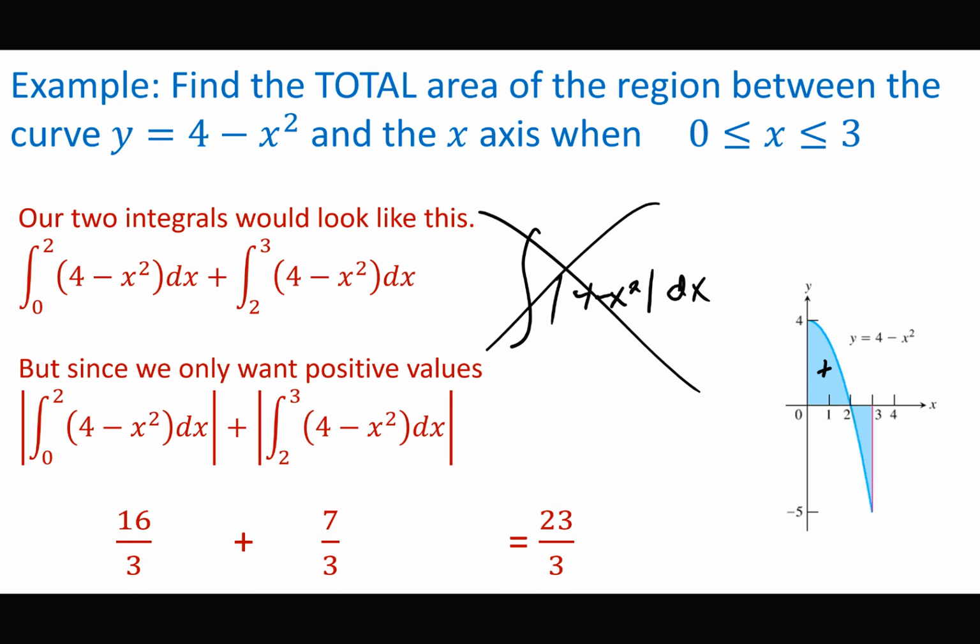And so when we do this, we end up with 16 over 3 plus a positive 7 over 3 to end up with 23 over 3, which is approximately 7.67. So the total area, not taking into account the negative as a negative, is 7.67. But to make sure you cover all your bases, put each interval in absolute value, and you don't have to worry about it.